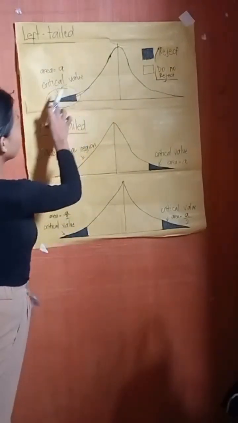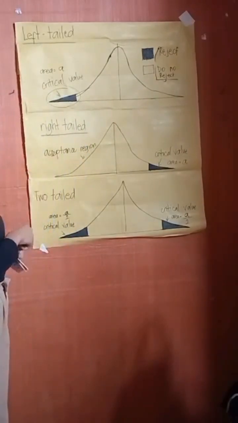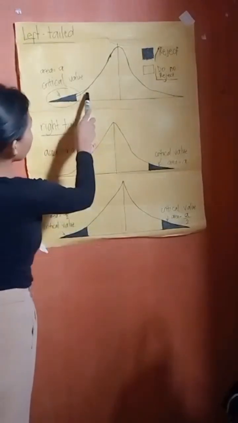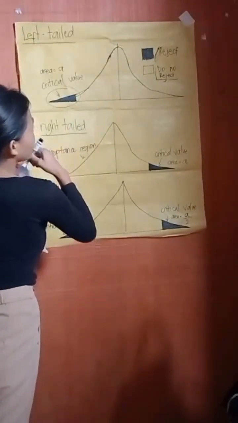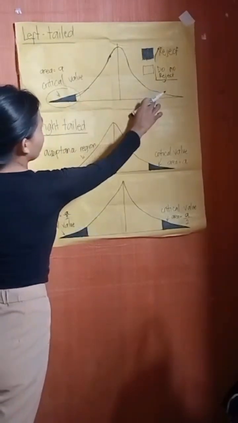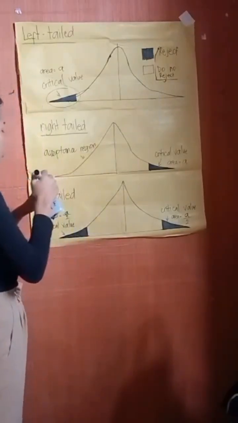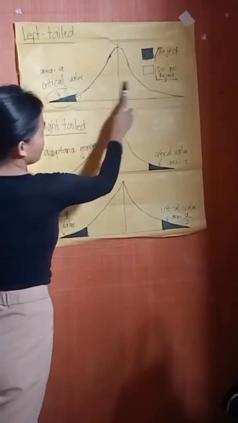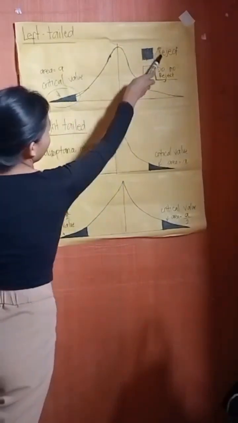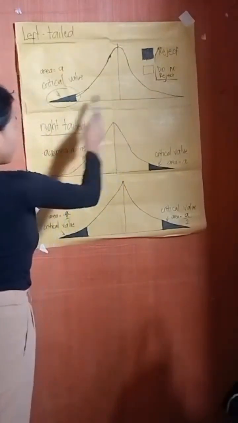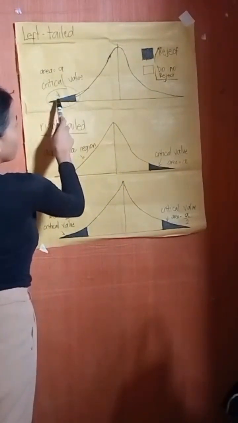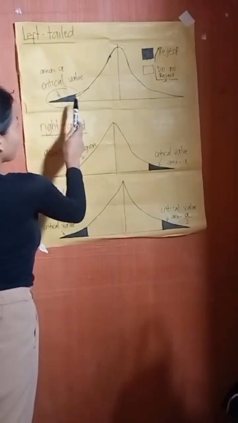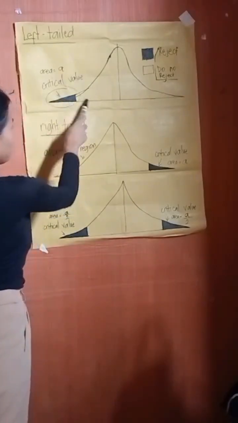From here to there, it is the acceptance region or our non-rejected region. So do not reject this. But this one, we have reject. So at our critical value, we are going to reject this one.